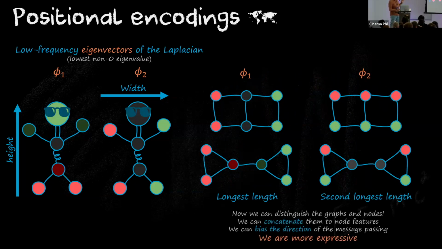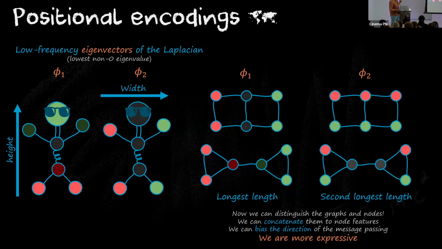And now you have enough information to distinguish these two graphs. For example, on the right, you have 3 nodes that are green, and on the bottom, you have only 2 nodes that are green. And this increases the expressivity. The simple way of doing that is to concatenate that to the node features. Not just take one hot encoding and the periodic table, but also take position.